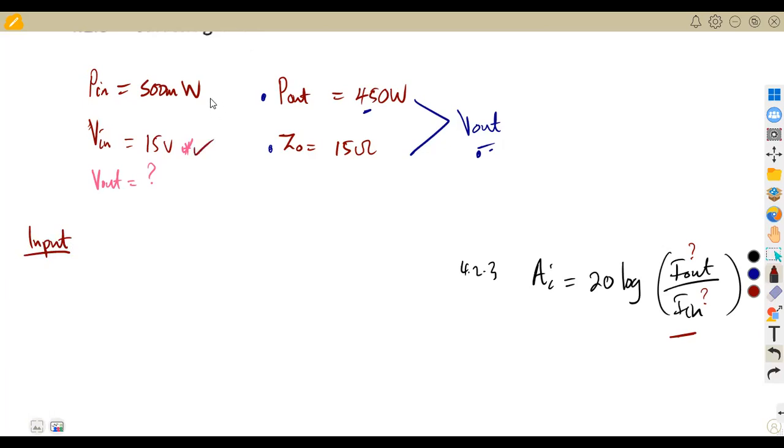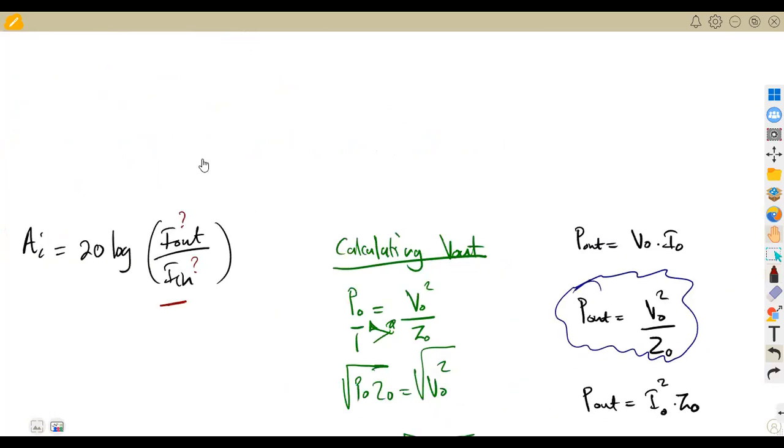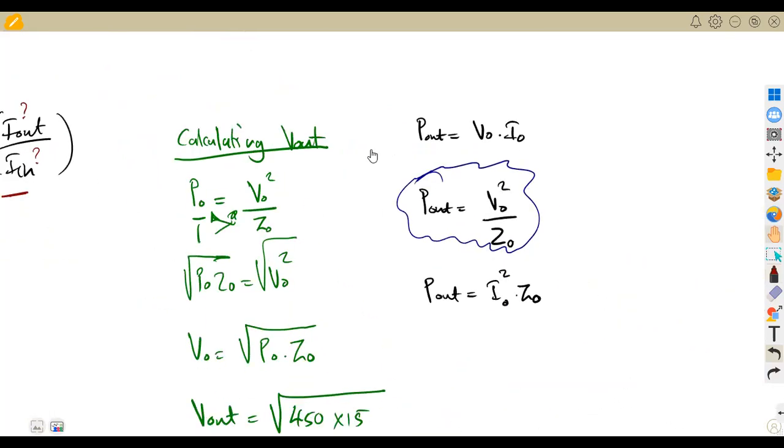We are given V in and P in. So how are we going to calculate current in? Remember from our formulas, I talked about this. It's not going to change because it's power. Where there is voltage, power, and current, we're going to use this formula: power is voltage times current.